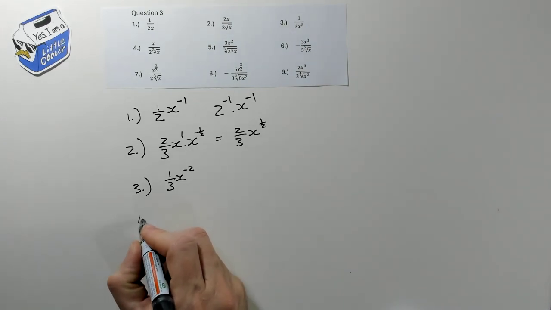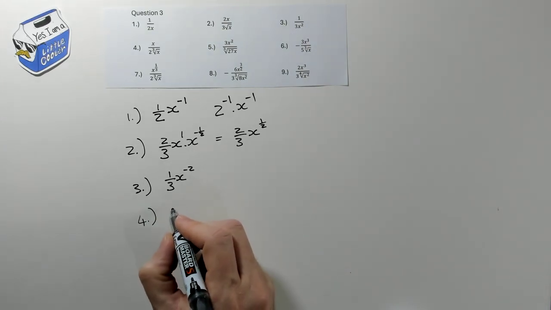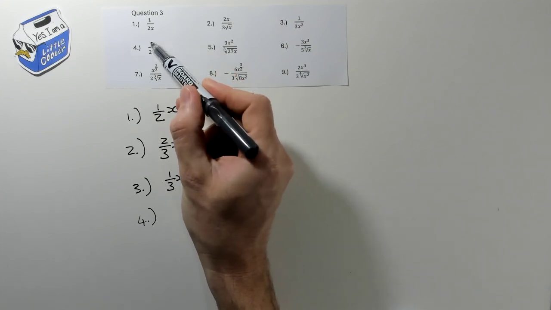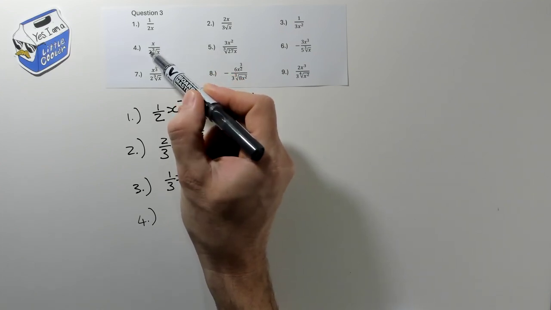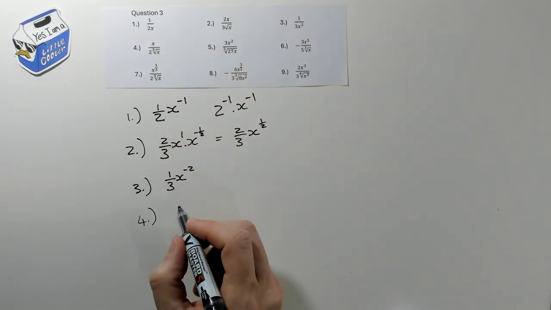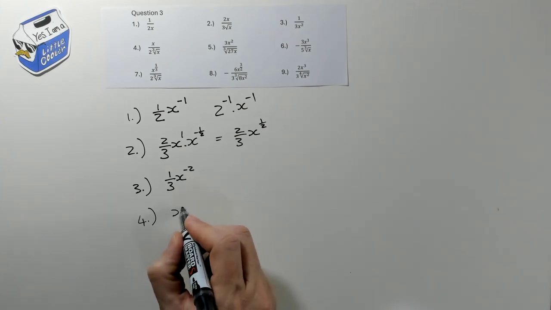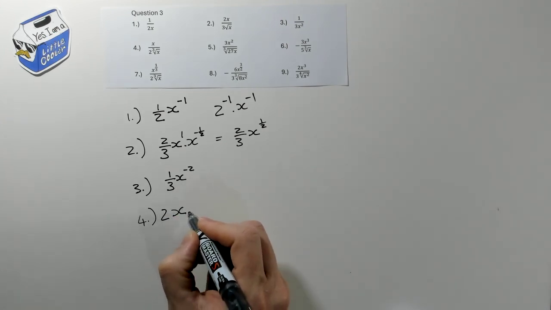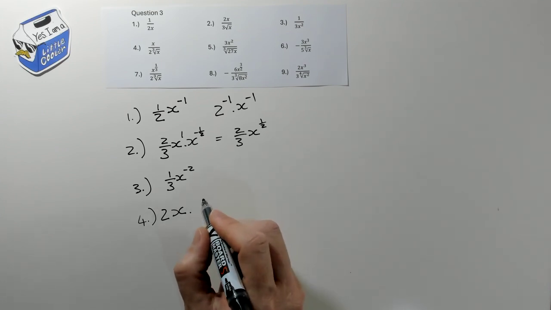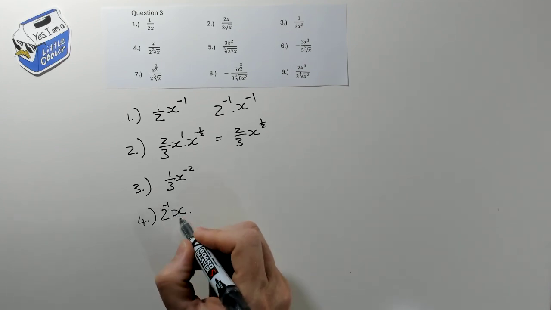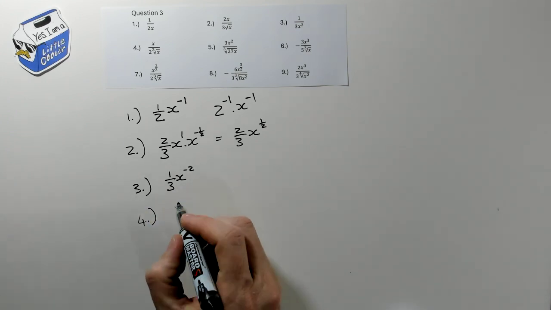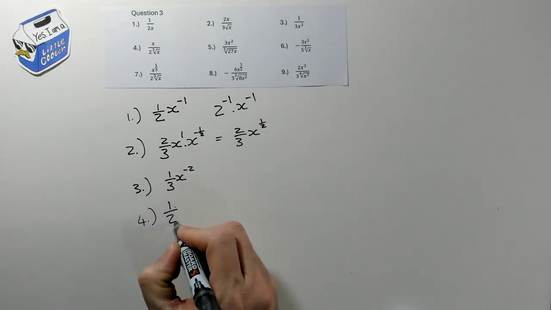Okay, and number 4, it's maybe a bit confusing because the 1 isn't written there, so there's a 2. A common mistake here would be just to write the 2 and then the x, and going on, but not realizing that x is actually to the power of -1. So it's actually a half, so I would go and just write a half.